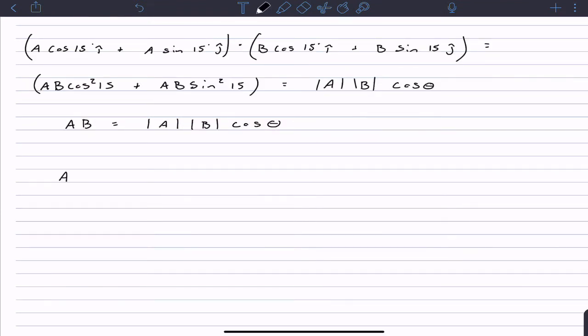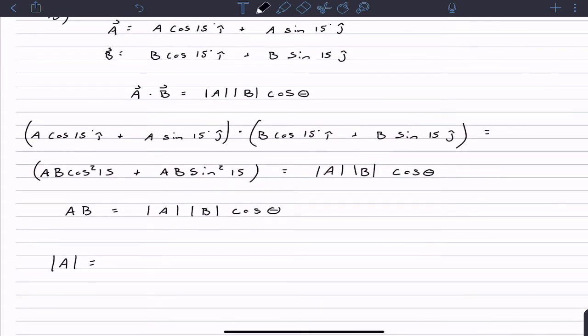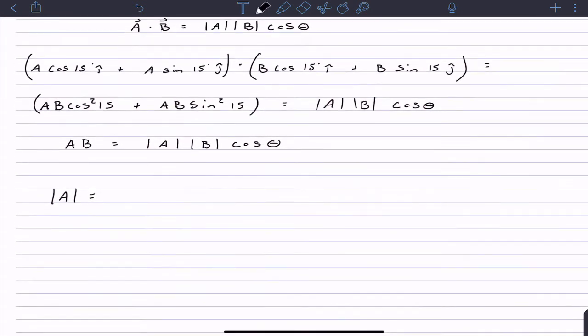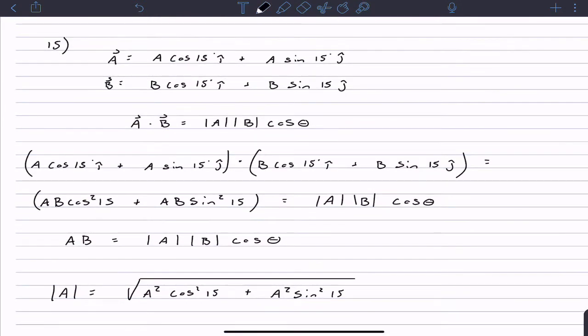by simply taking, so let's find the magnitude by squaring each component and taking the square root, right? So then we have a squared cosine squared 15 plus a squared sine squared 15. Oops, sorry, my fault. That's a, not b, because I'm taking the magnitude of just the A vector, right?